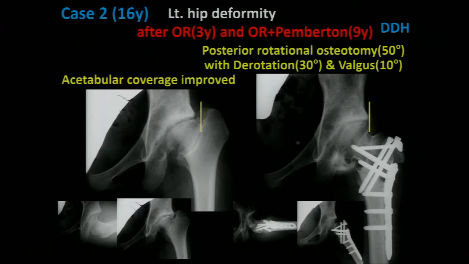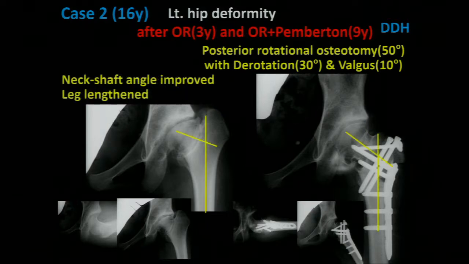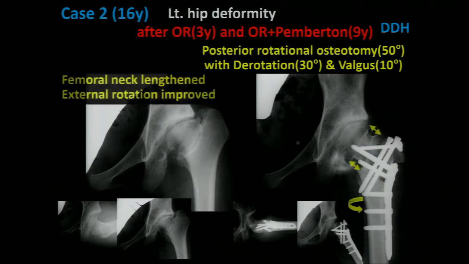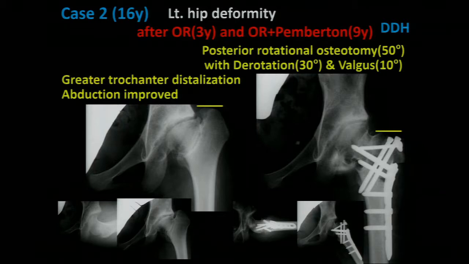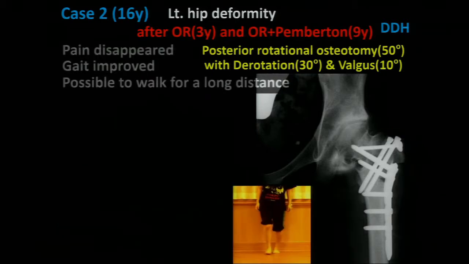Acetabular coverage improved, the neck shaft angle improved, and the leg was lengthened. The femoral neck lengthened and external rotation improved by the dilatation osteotomy. Greater trochanter distalization was completed and abduction improved.